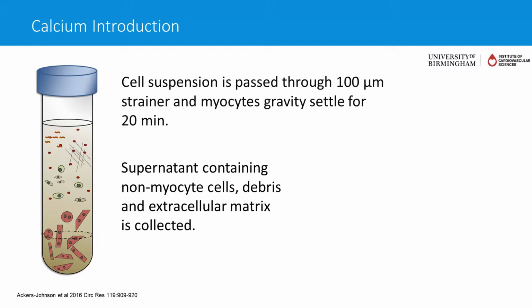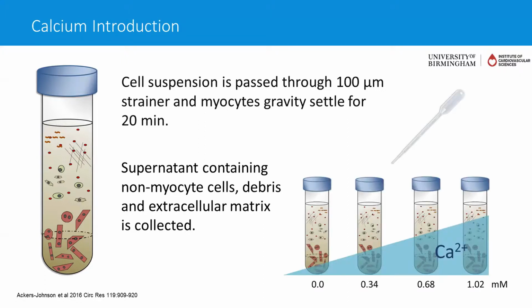The technique that pretty much every lab uses is sequential stepwise reintroduction of calcium. So going from 0, or in some cases 0.1 millimolar calcium, and then taking that pellet and resuspending it in, let's say, 0.3 millimolar calcium, allowing the cardiac myocytes again to gravity settle, and then introducing them back into a higher concentration of calcium, and so on, until you get to the concentration of calcium that you want to use for your functional or signaling experiments.